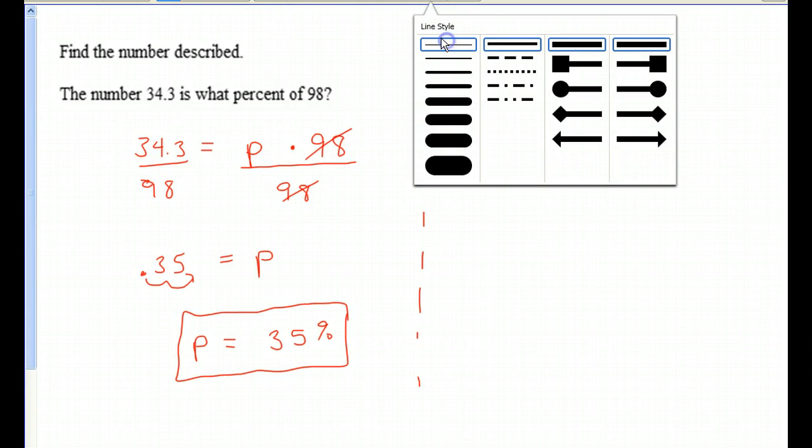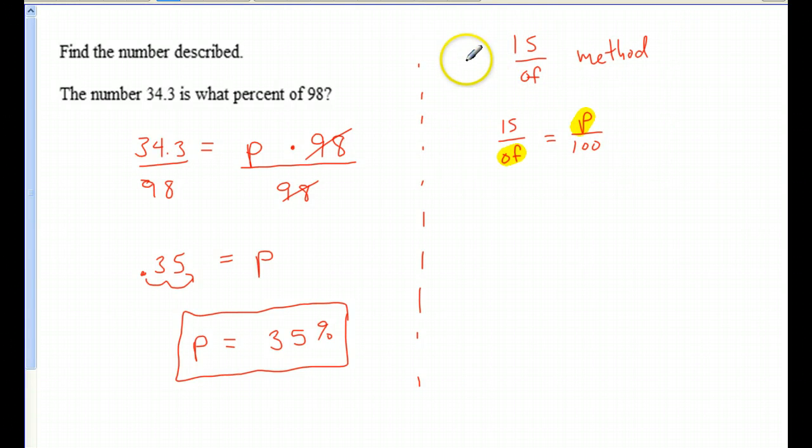The way it works is you look for the word percent, the percent symbol, and whatever precedes that is the percentage, the number that goes here. When that's what, then we're just going to leave p. Then you look for of; the number to the right of it, 98, is what we put there.